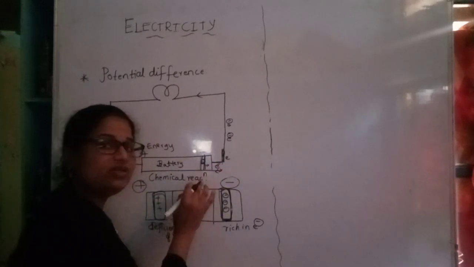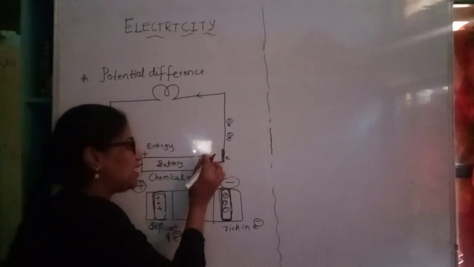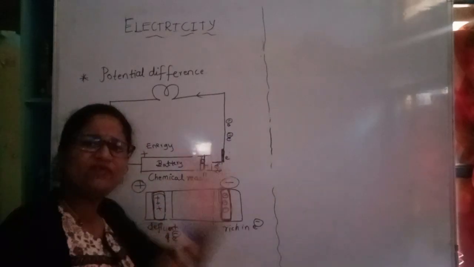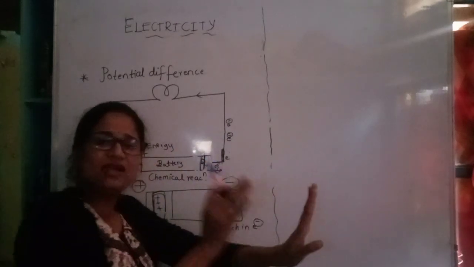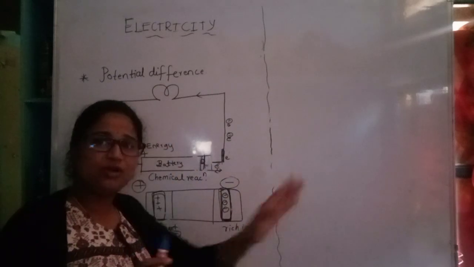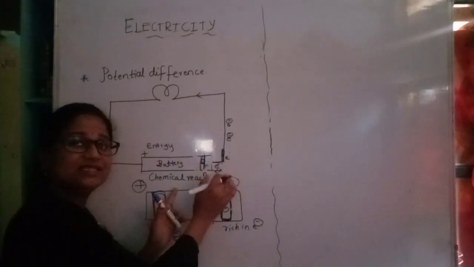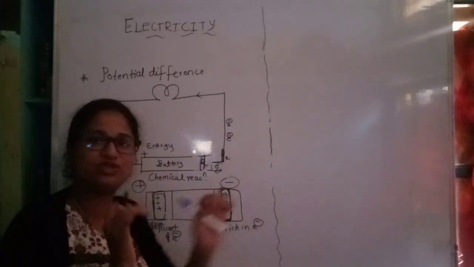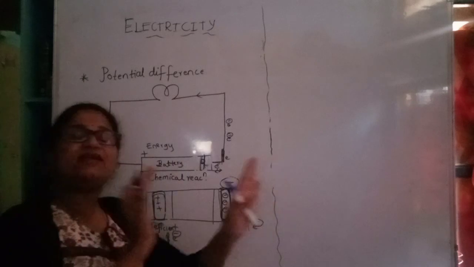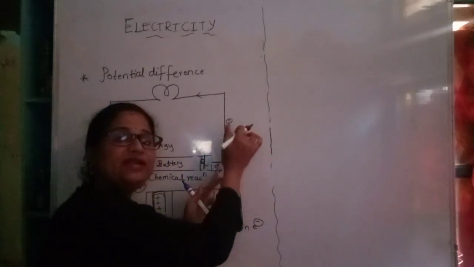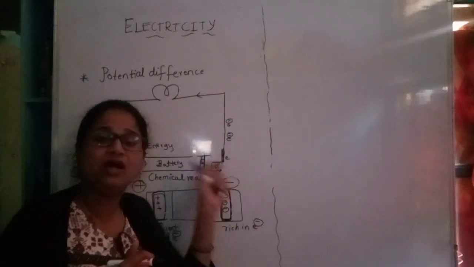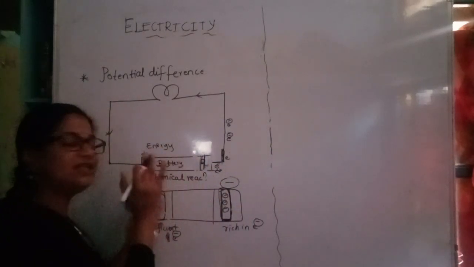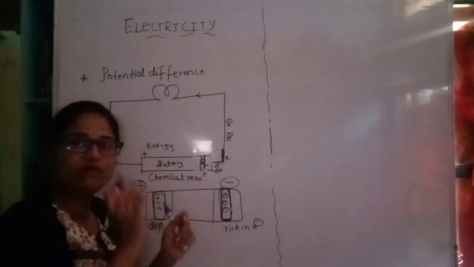The negative charge at this end says to the electron in the wire, move away, I can't come towards you. These are like charges, and we know that like charges repel each other. Due to that repulsion, there will be a movement of electrons. This is how the battery creates a force and there is movement of electrons.